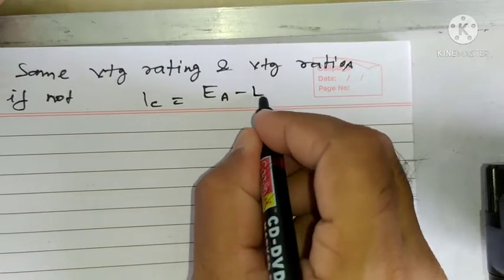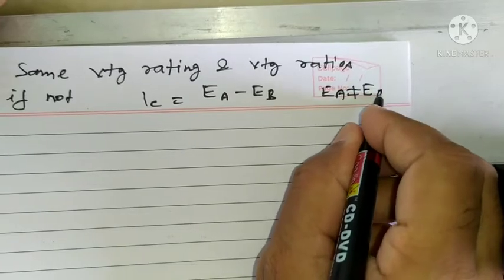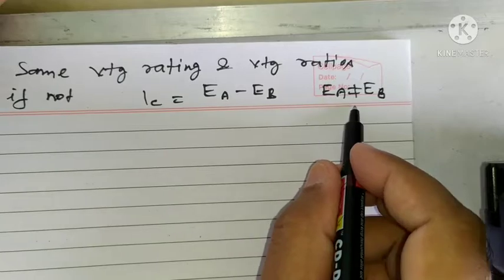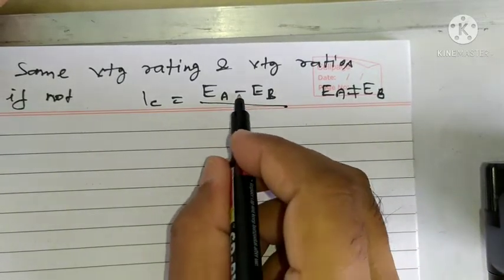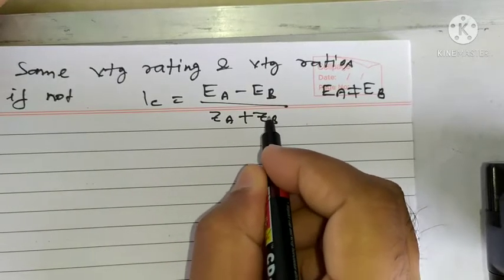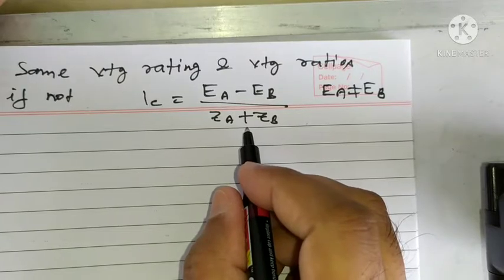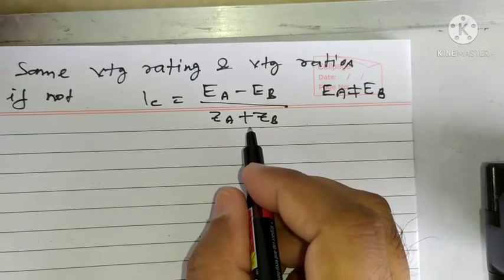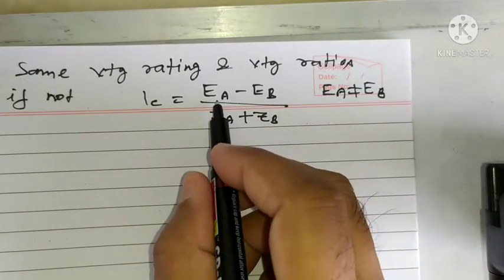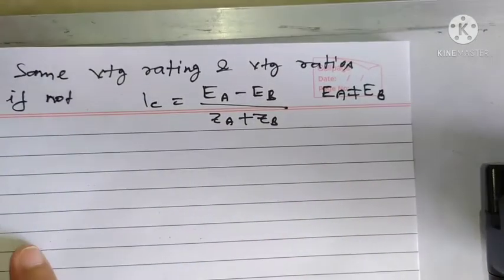EA minus EB. Why? Because EA is not equal to EB. If the same voltage rating is not there, then EA and EB will differ, and because of that there will be circulating current EA difference EB by ZA plus ZB. So the same issue: it will cause heating without useful output, and it will also lead to unequal loading of transformers. So they must have the same voltage rating, EA must be equal to EB, and the same voltage ratio.